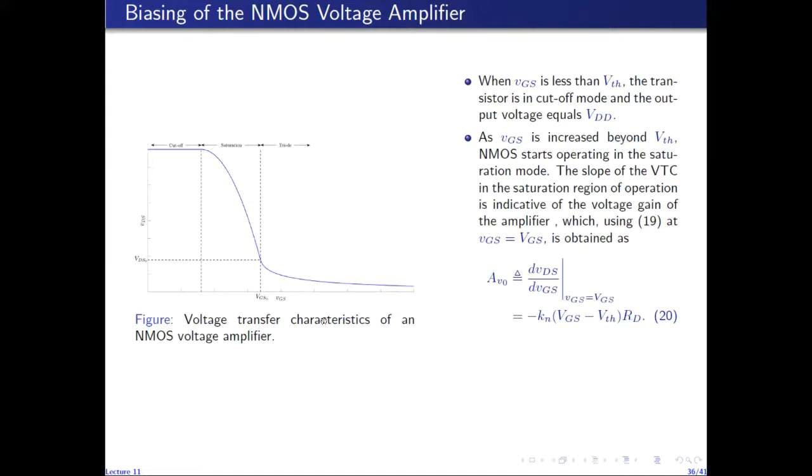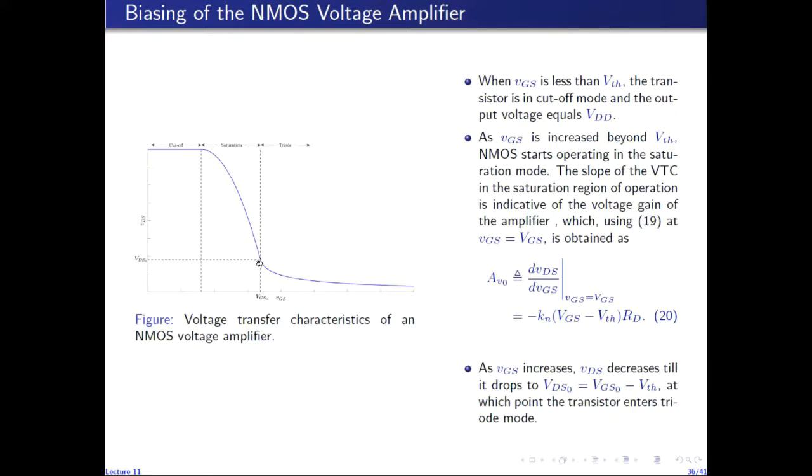So as VGS increases further, VDS drops down to this value here. This point on the curve represents the boundary between the triode mode and the saturation mode. That is, this is the point at which the output drain to source voltage drops down to the overdrive voltage corresponding to VGS.